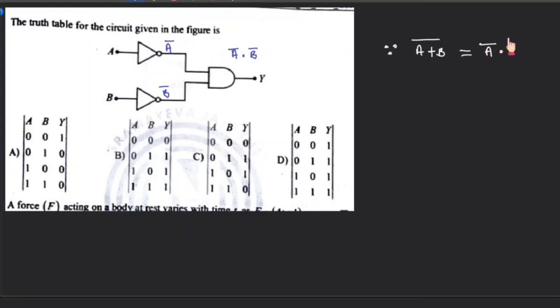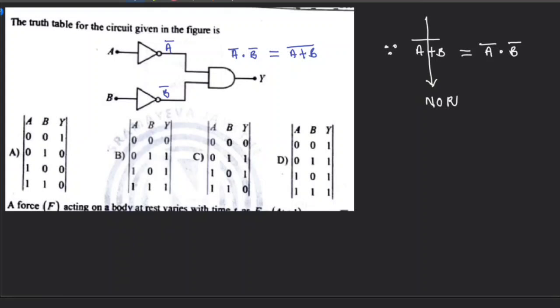Now this A bar dot B bar can be written using De Morgan's theorem again as A plus B whole bar. What does this indicate? That is nothing but an OR gate followed by a NOT, so this acts as a NOR gate. What the NOR gate will do is add and reverse, right?